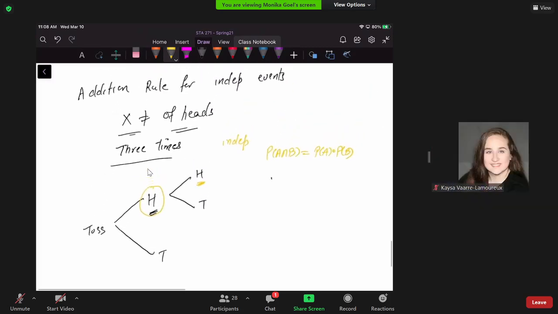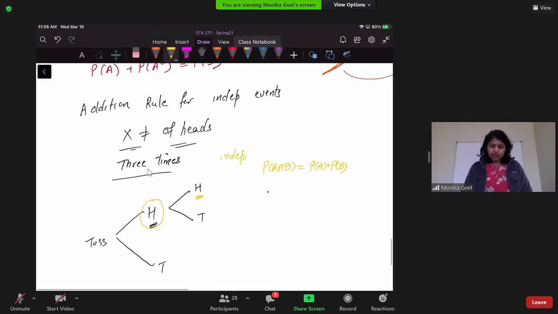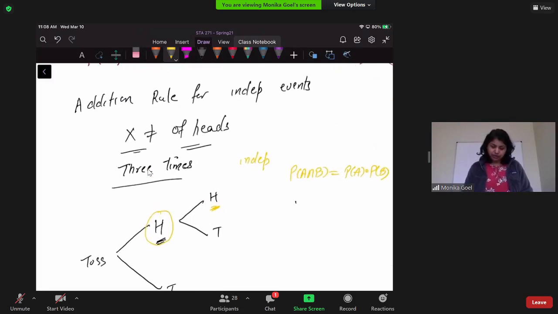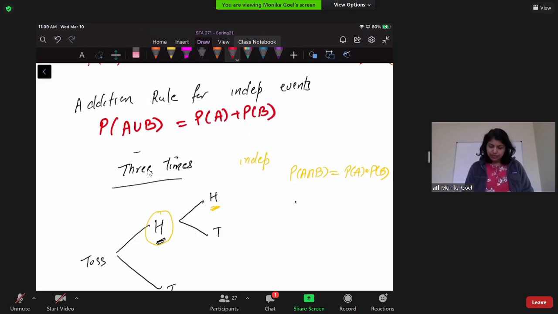And when the intersection is the product of those 2 events, we can use the general addition rule that we were using before. So let me erase this first. The addition rule that we were working with is: A union B is their individual probabilities minus their intersection, and their intersection is the product.